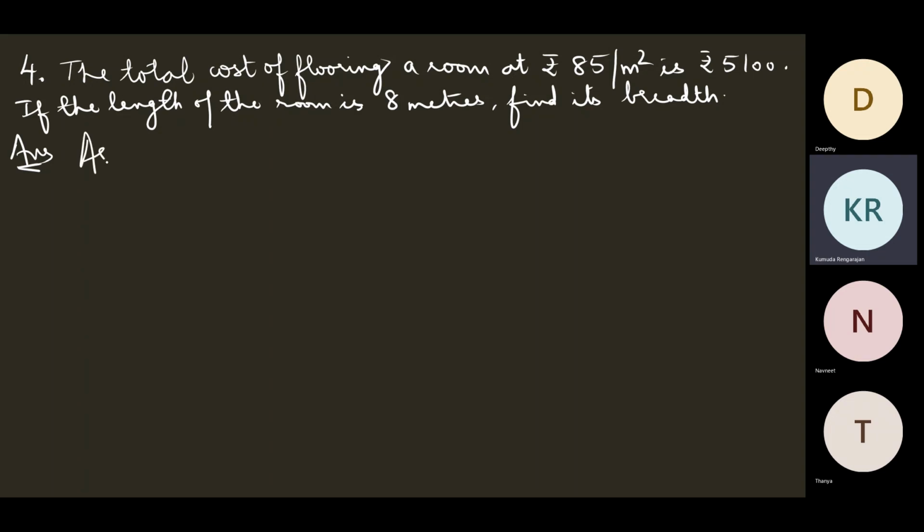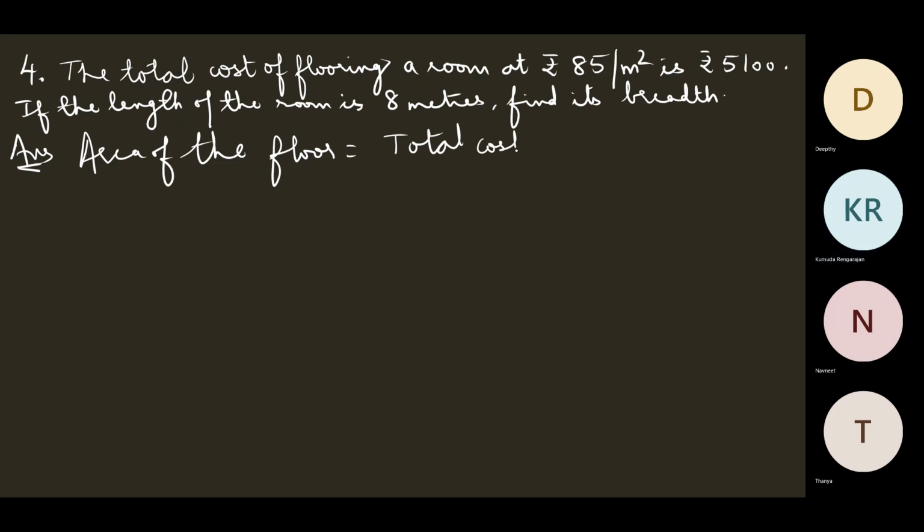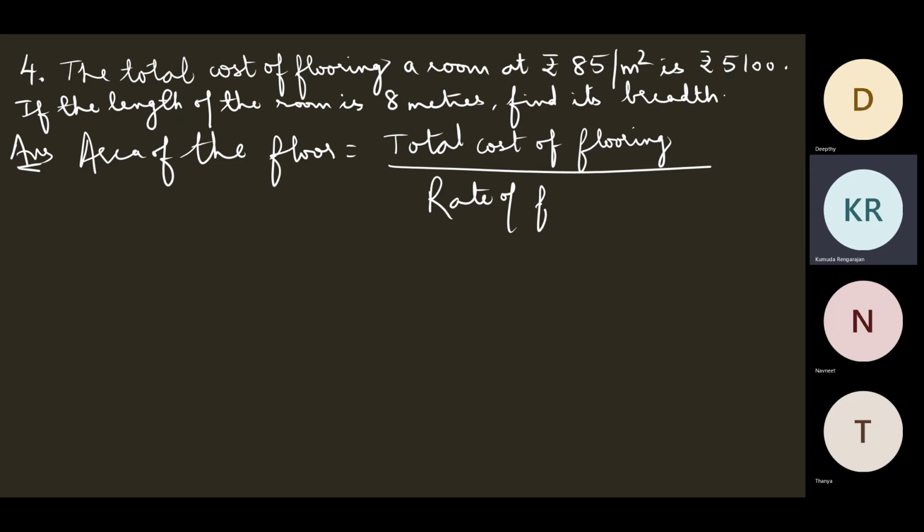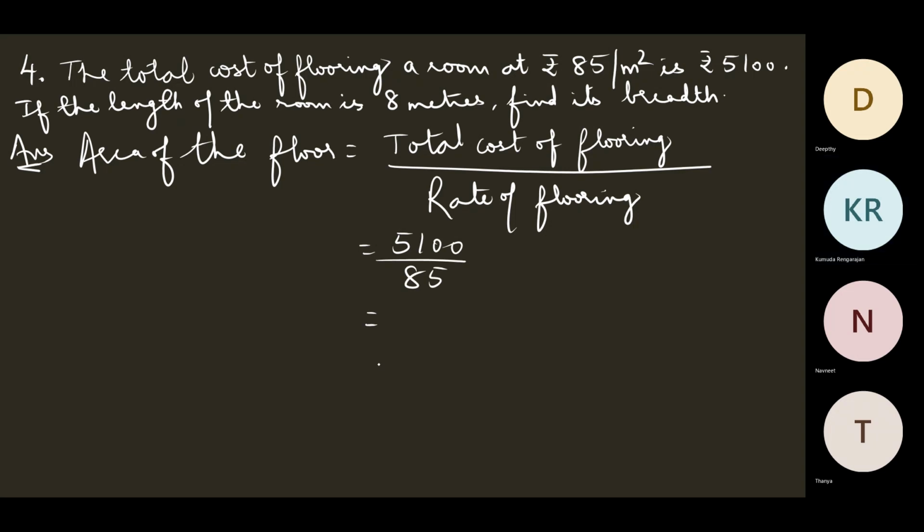So area of the floor is equal to total cost of flooring by the rate of flooring. What's the total cost of flooring? 5,100. What's the rate? 85 rupees. So this will be the area of the floor. Divide, children. Divide and tell me the result.